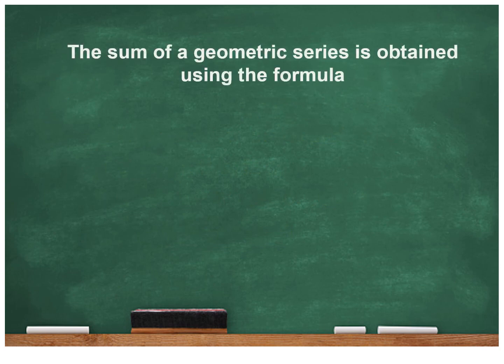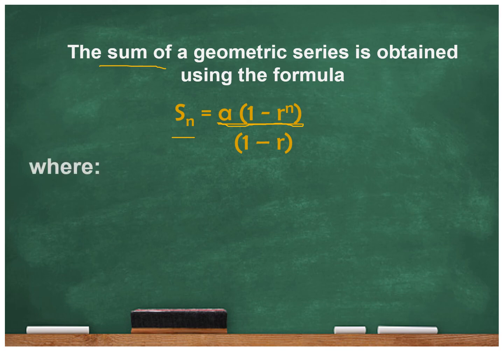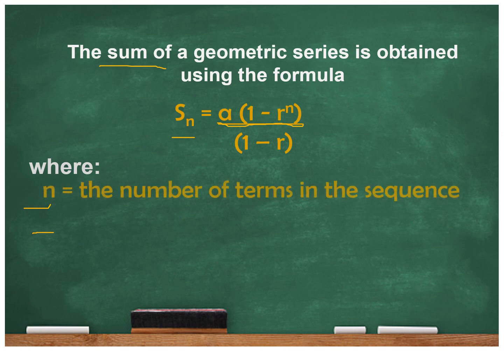The formula for getting the sum of a geometric series is S sub n equals a times 1 minus r raised to n, all over 1 minus r, wherein n is the number of terms in the sequence, a is the first term of the sequence, and r is the common ratio.